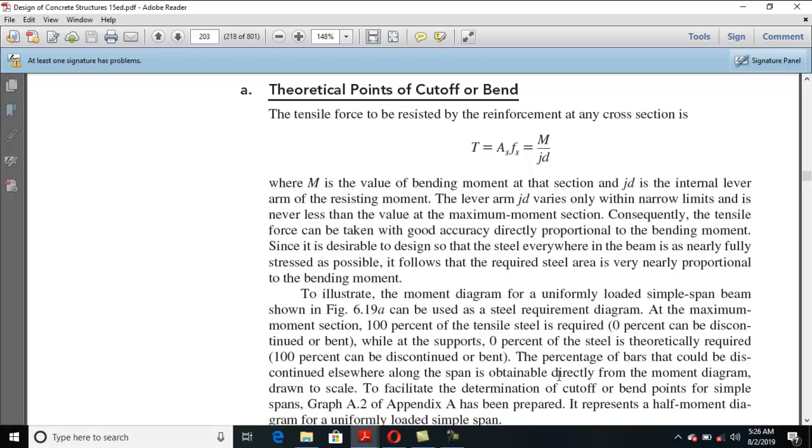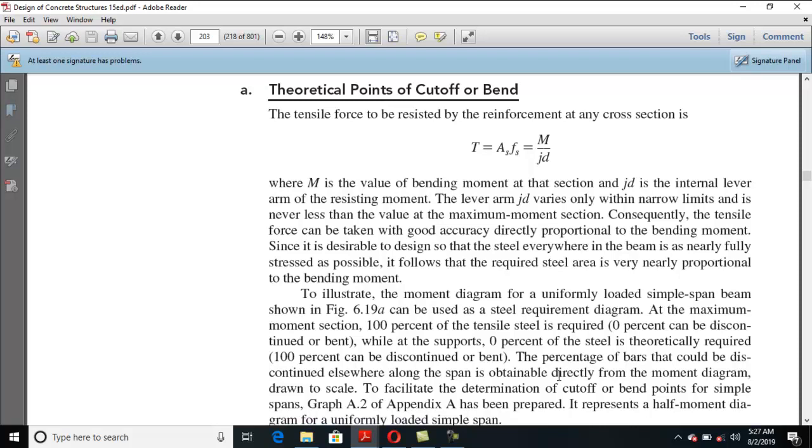Now we are trying to see how actual cutoff points are achieved, since that discussion was just relating to theoretical cutoff points. Now we are trying to see what kind of effects are produced in a beam when the bars are cut.